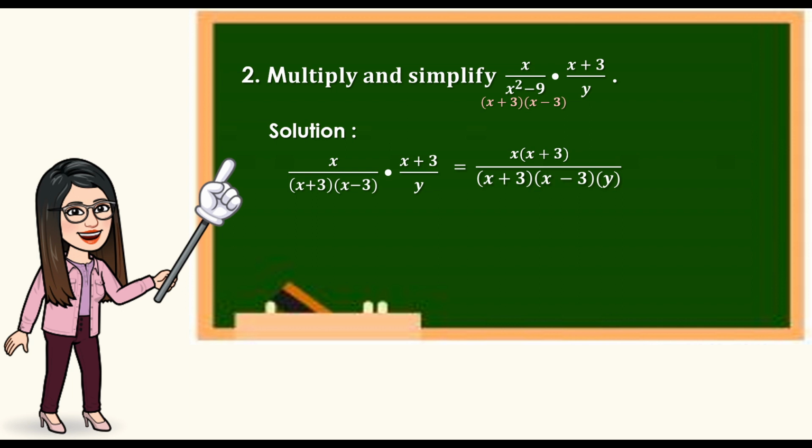So we can simplify that. The common factor is x plus 3 in the numerator and x plus 3 in the denominator. So what's left in the numerator is just x, and in the denominator we have y times the quantity of x minus 3. And this can be our final answer.